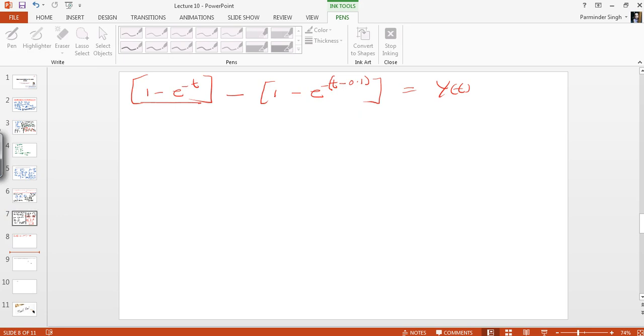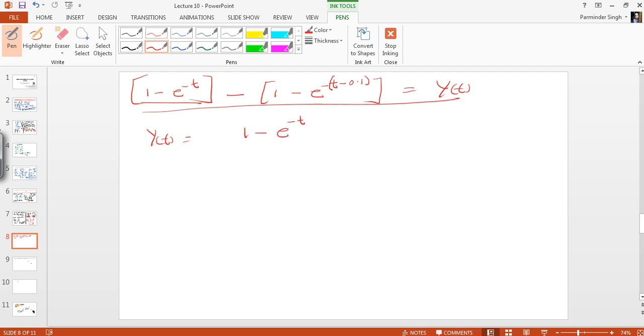Now this solution is valid in two categories. One is y(t) is 1 minus e to the minus t, subject to the condition that t is less than 0.1.